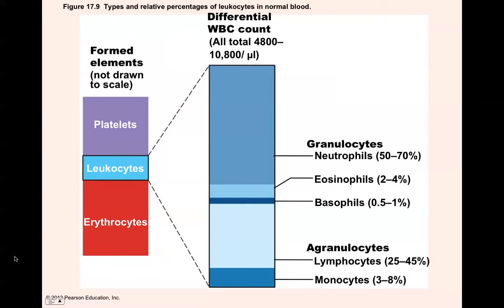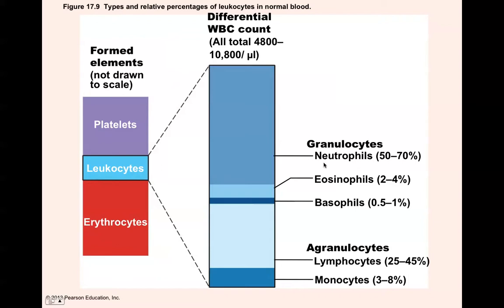And that means they're not only counting the amount of erythrocytes, leukocytes, and platelets, but they're also counting the different kinds of white blood cells. So again, there are different kinds of white blood cells. Normally, granulocytes, neutrophils, eosinophils, and basophils are found in these proportions.